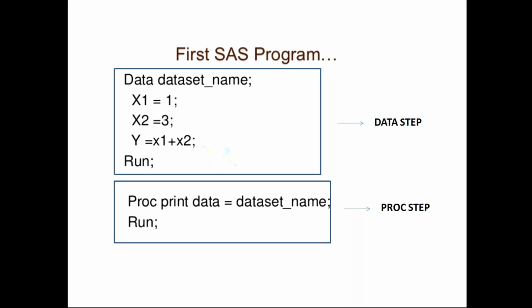Here, we are preparing a simple SAS data set. The syntax is data and your data set name, and then you're building two columns, X1 and X2.